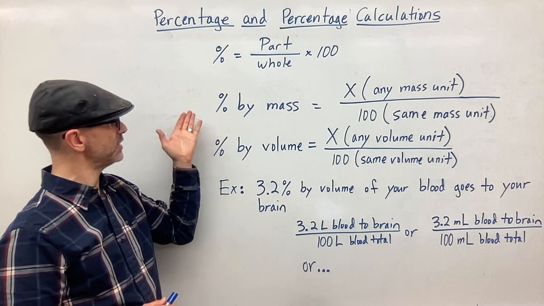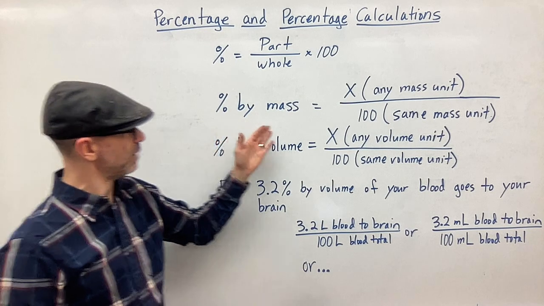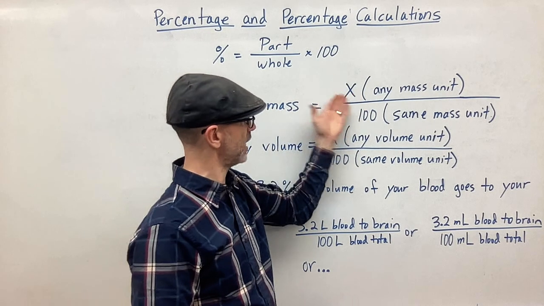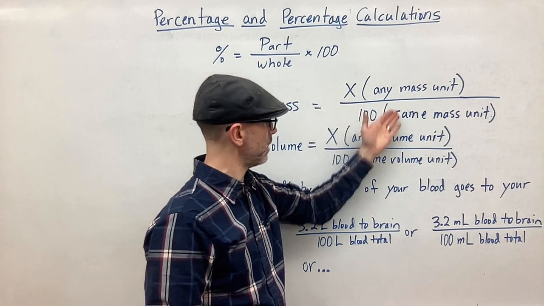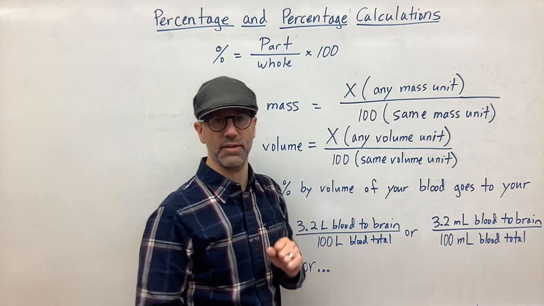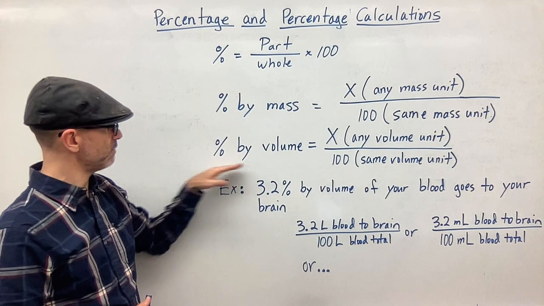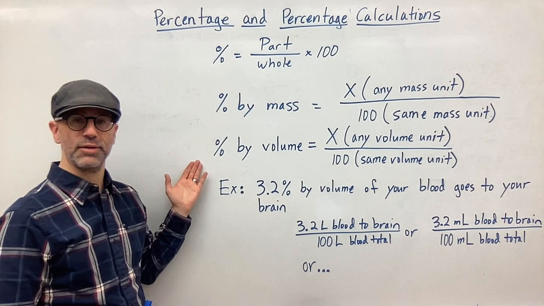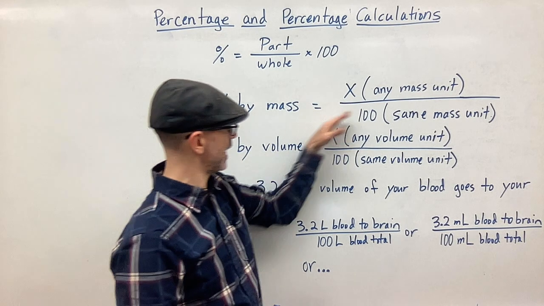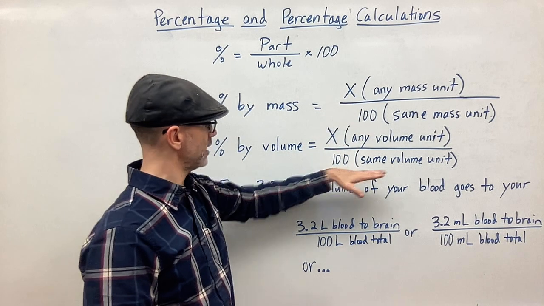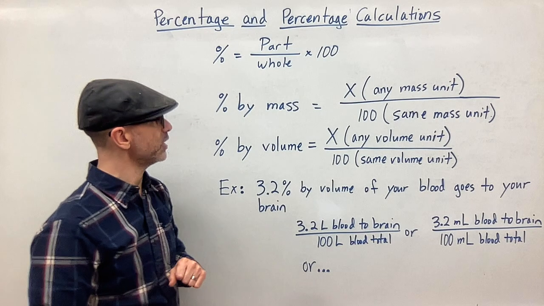If I have 10% by mass, that means I have 10 of a mass unit divided by, or out of, 100 of that same mass unit. If it was 10% by volume, then it would be 10 of that volume unit out of 100.